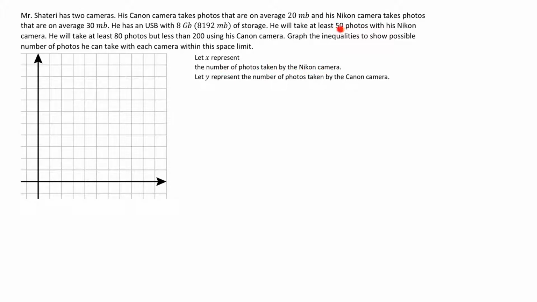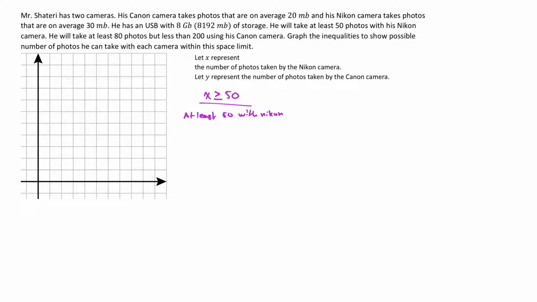So if he's taking at least, that means he could be taking 50 or more. So we know that X has to be larger or equal to 50. And I will label this at least 50 with Nikon.